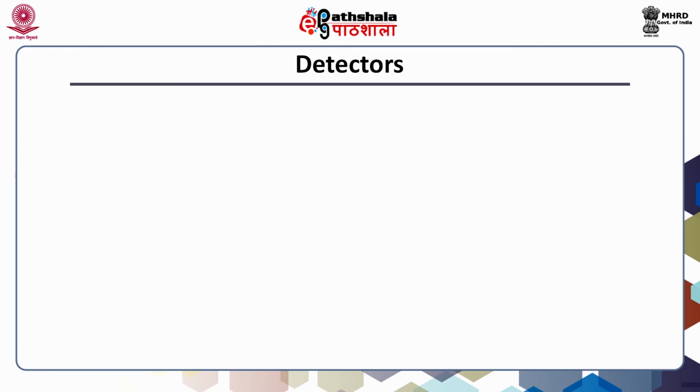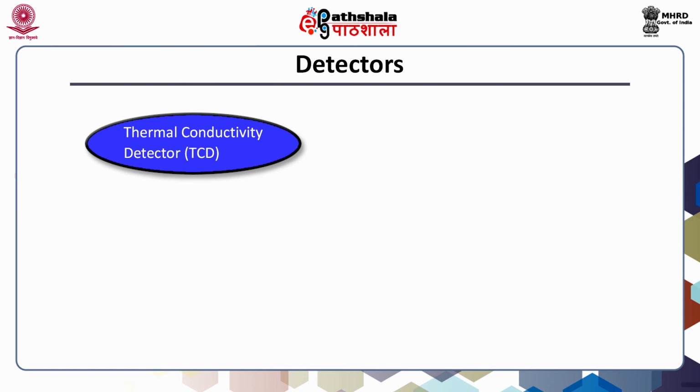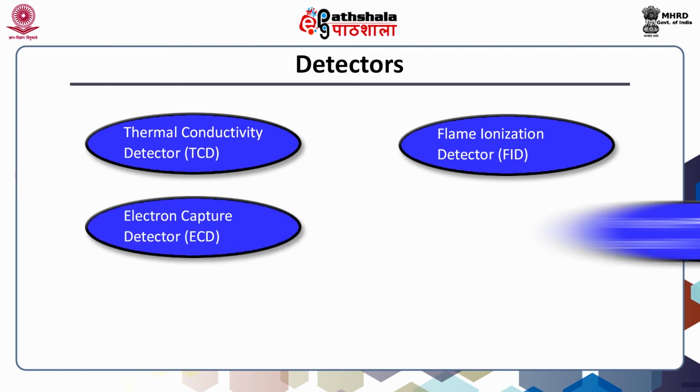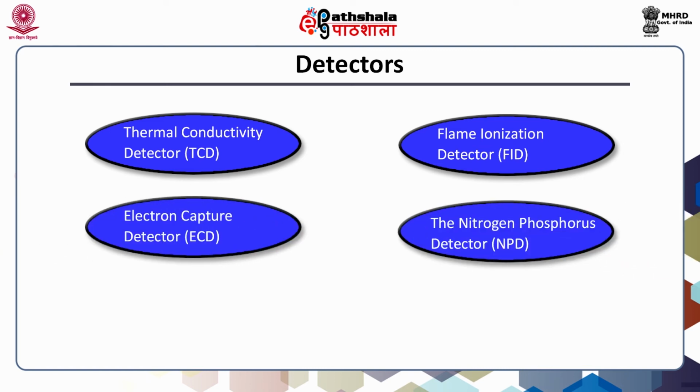There are some common types like the thermal conductivity detector, the flame ionization detector, the electron capture detector, and the nitrogen phosphorus detector. As their names indicate, they have different principles of working. Some of the individual detectors we will be discussing in the next slides.